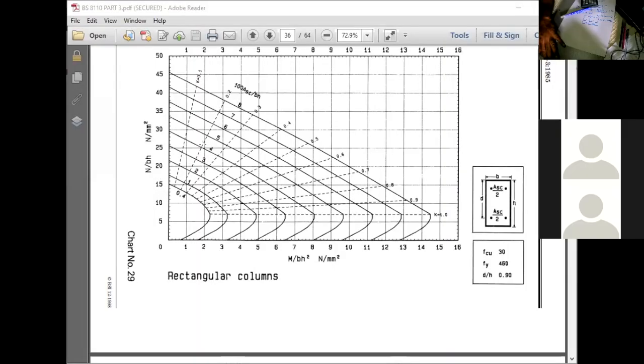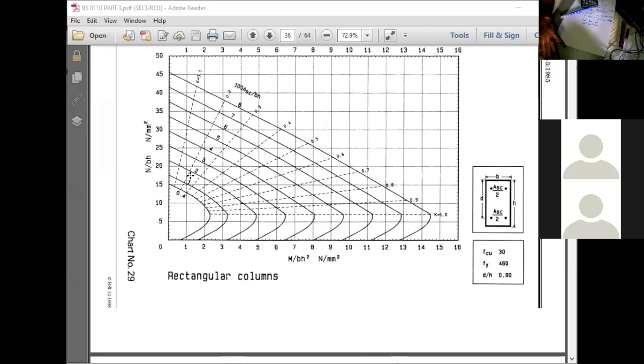So if you are somewhere here, then your design is governed by the compression. That means the whole section is in compression. But if you are somewhere here, then the section can be in tension as well. But you know that in a column or a wall, we like to be in this region. Why?